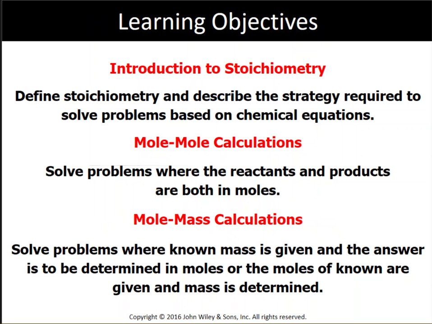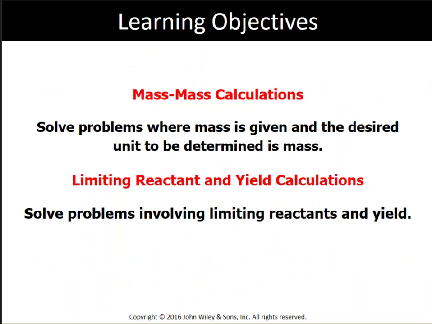You're gonna learn a new word, stoichiometry, that basically represents the molar ratio in between the reactants and products. Then we're gonna start with very, very simple calculations. First mole to mole, and then once we feel comfortable with mole to mole, we expand it to mole to mass. And then the most complicated one is going to be mass to mass calculations. We show you how to do that.